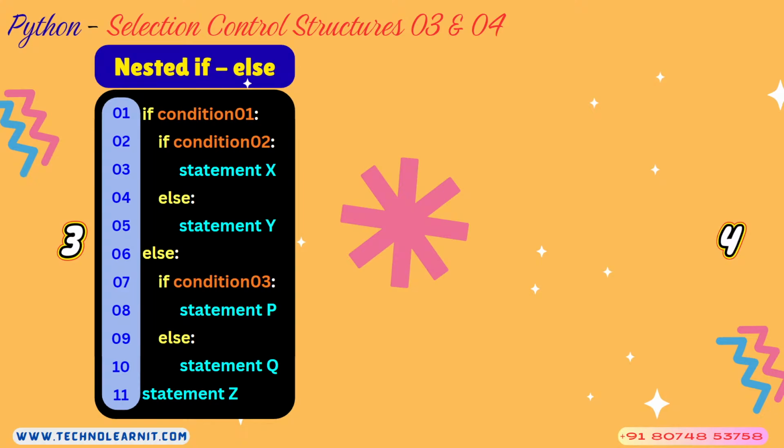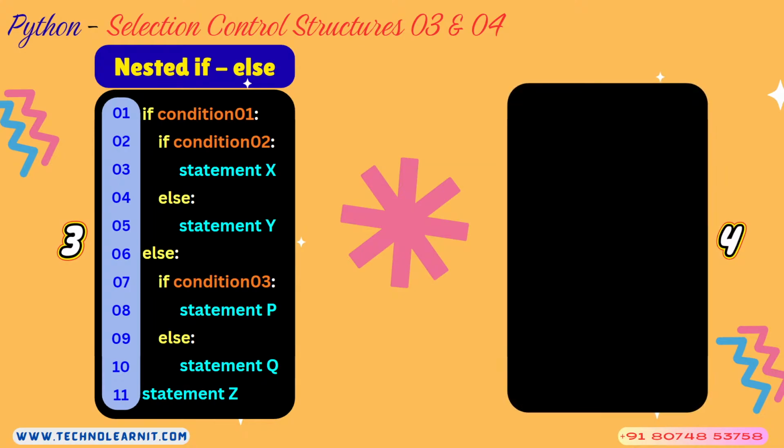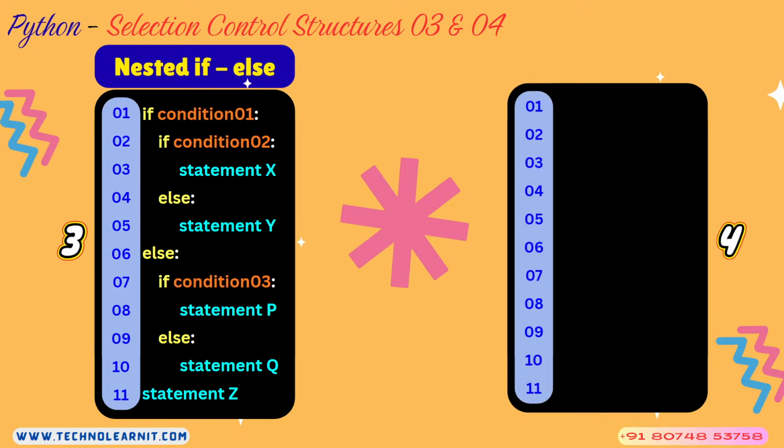On line number 6, you have its associated else, and the scope of else ends on line number 10. On line number 2, you have one more if, and its scope is limited to line number 3. The indentation acts as the scope decider in Python. So indentation is very, very important in Python. All right, let's move on to the next category.